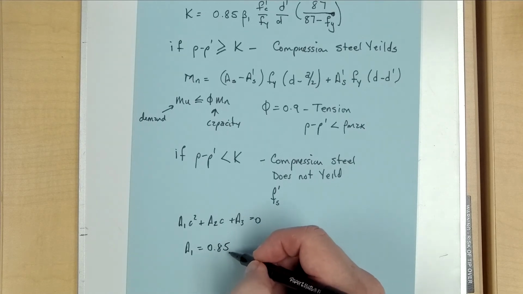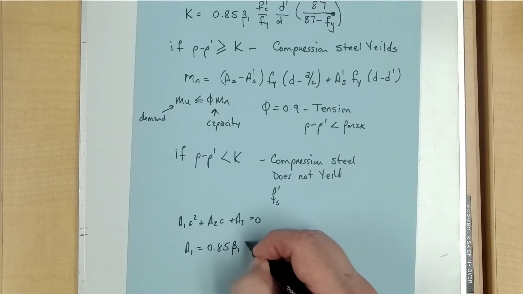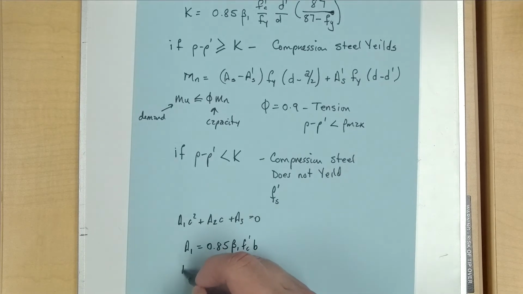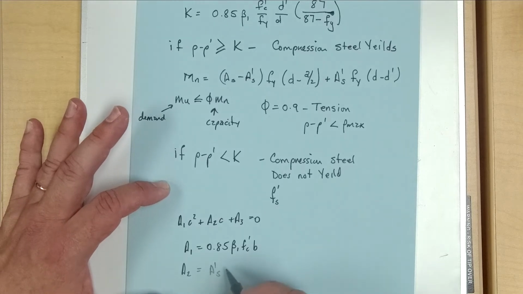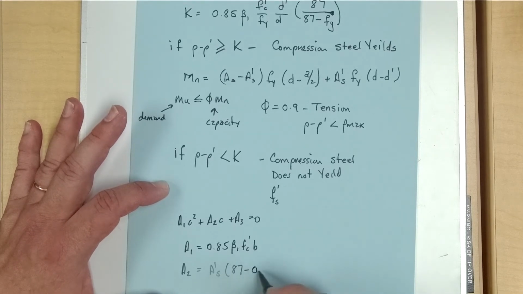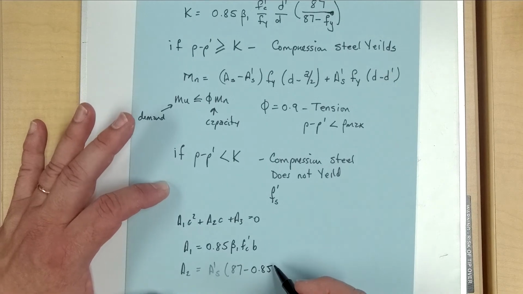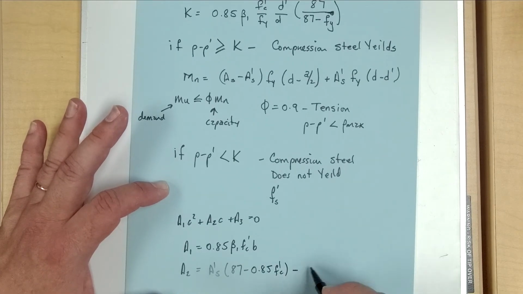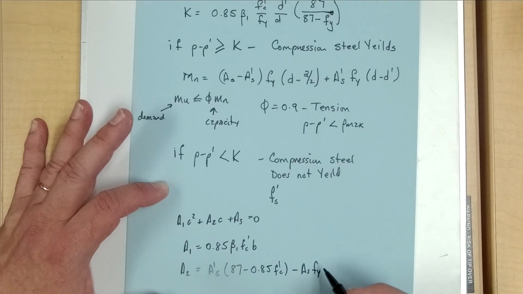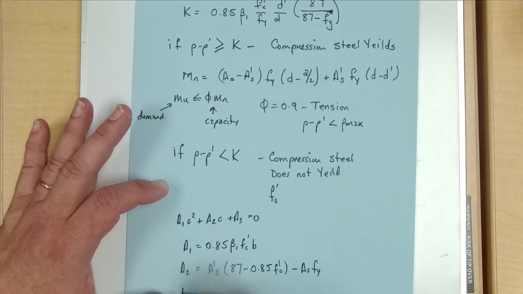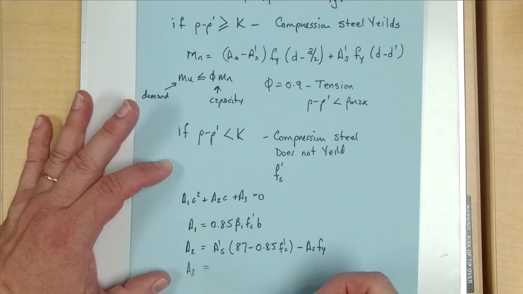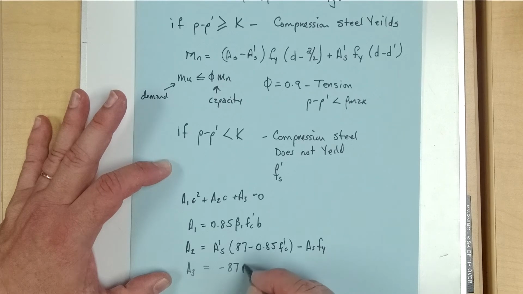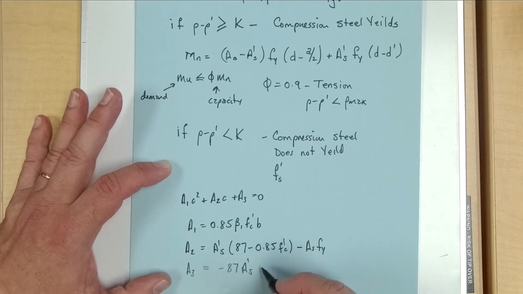0.85 beta 1 F prime C B, A2 is equal to A prime sub S multiplied by 87 minus 0.85 F prime C, minus A sub S F sub Y, and A3 is equal to minus 87 A prime sub S D prime.